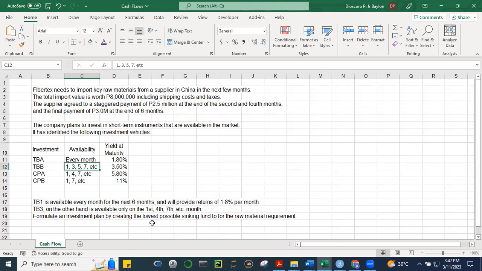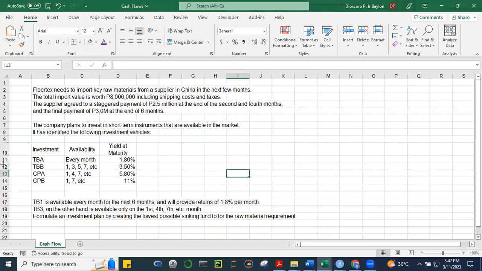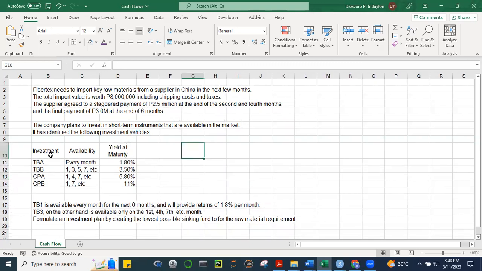And the yield or interest rates are, of course, based on the length of the term. So we see here that A, which is just a 1 month term, is at 1.8%. We will assume that this is already a monthly rate. Although when you're given a rate and nothing is specified about it, it's always assumed to be annual.